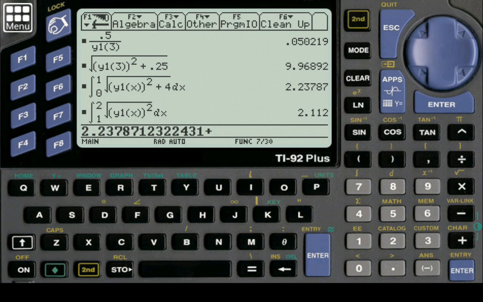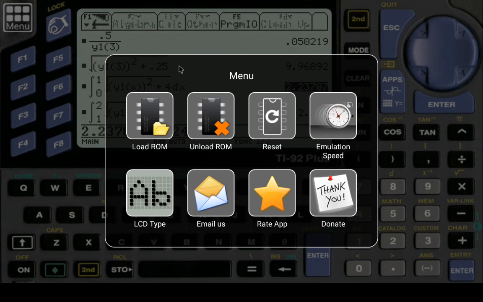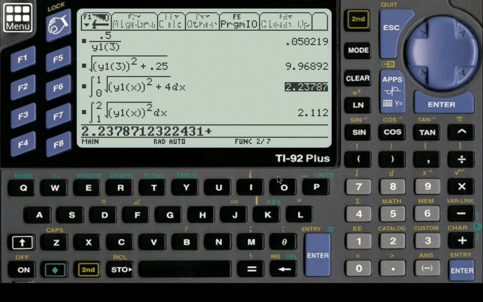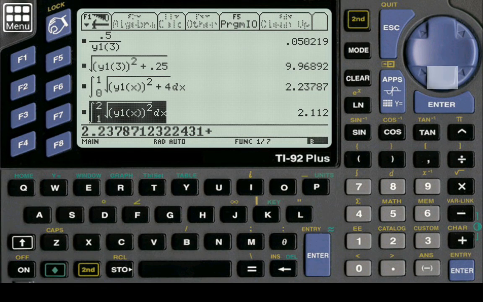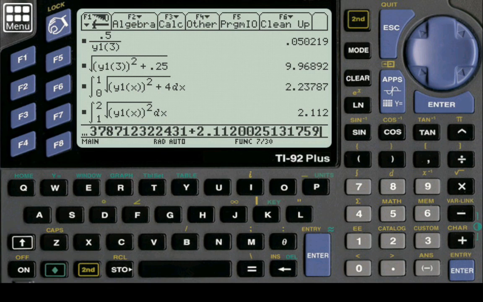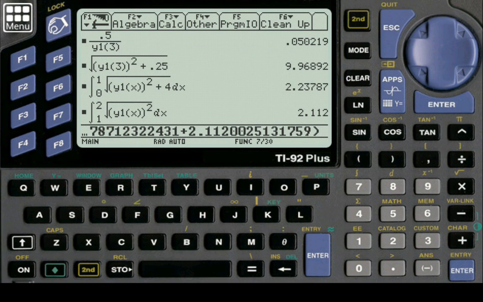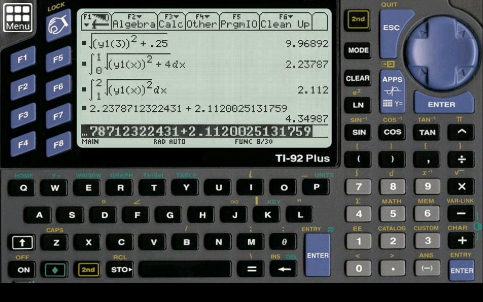Now I don't want ludicrous speed, so turn that off again. This is sort of cumbersome. Let's close that and see what we get. I don't need parentheses. 4.35. Oh yep, that's it.